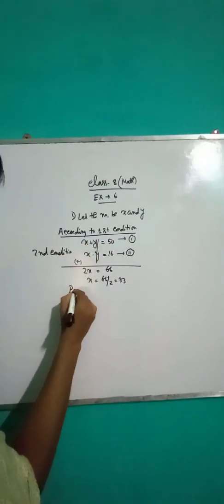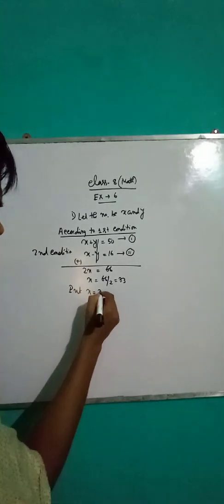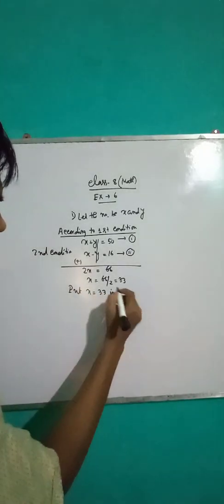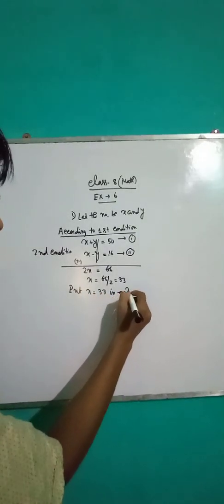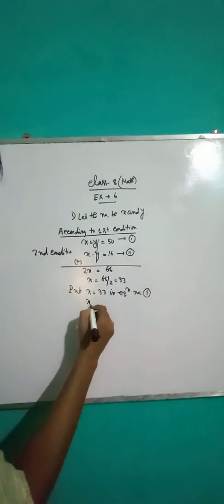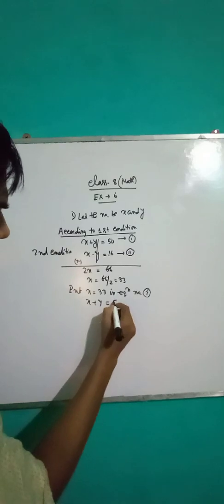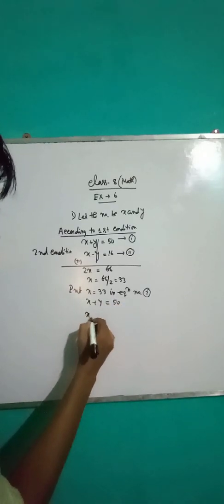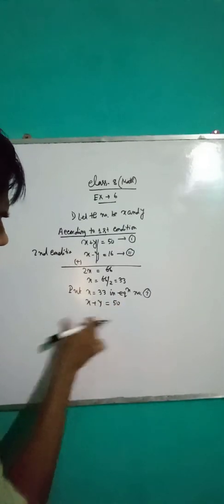Now put the value anywhere. Suppose I put x is equal to 33 in equation number 1, then x plus y is equal to 50. So x value will be 33.